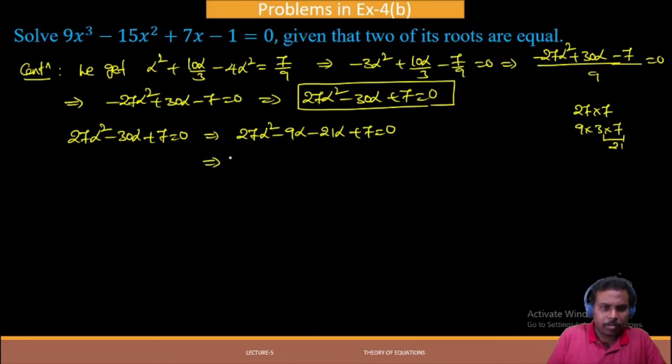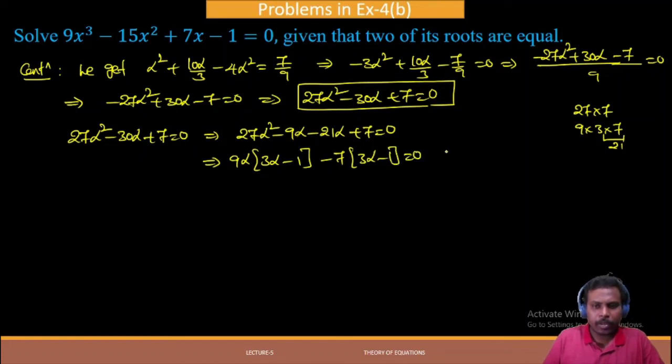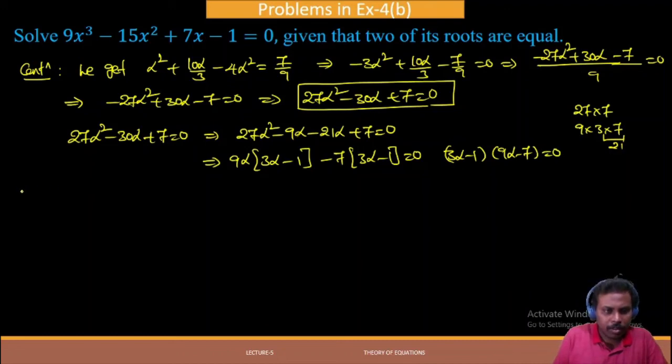So if I take 9 alpha common, this becomes 3 alpha minus 1, minus 7 if I take common, 3 alpha minus 1 is equal to 0. So this is 3 alpha minus 1 into 9 alpha minus 7 is equal to 0, implies alpha is equal to 1 by 3 or alpha is equal to 7 by 9.